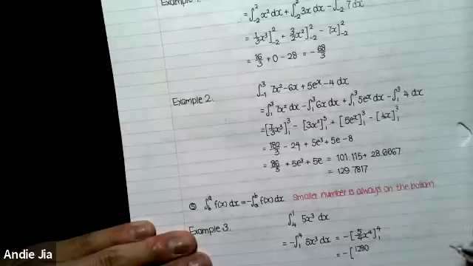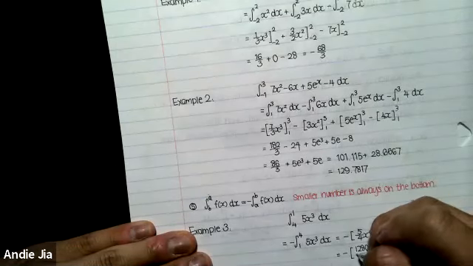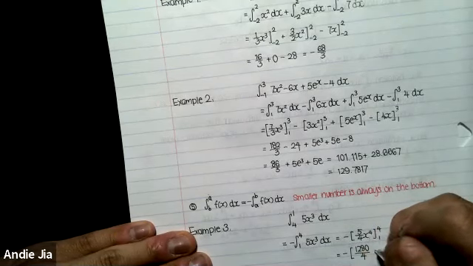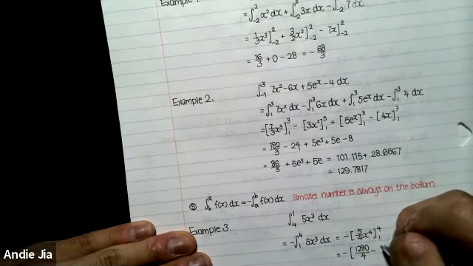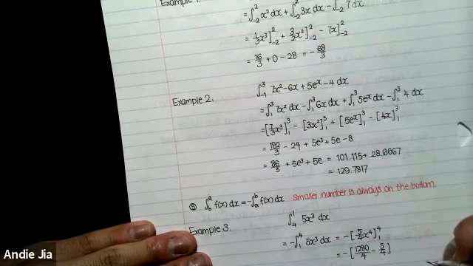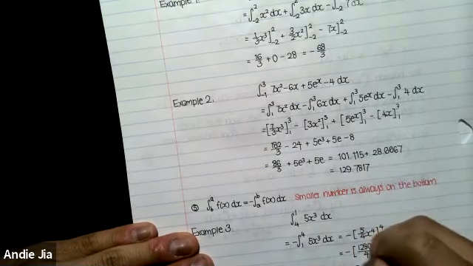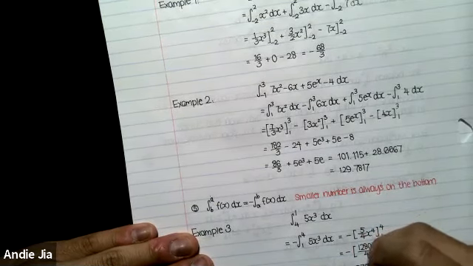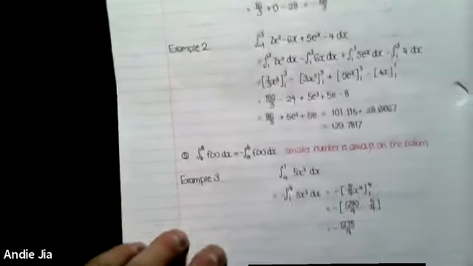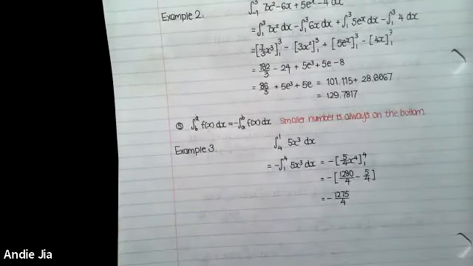So it is going to be 1280 over 4 minus 5 over 4. So it's going to be negative 1275 over 4. The final answer should be negative.